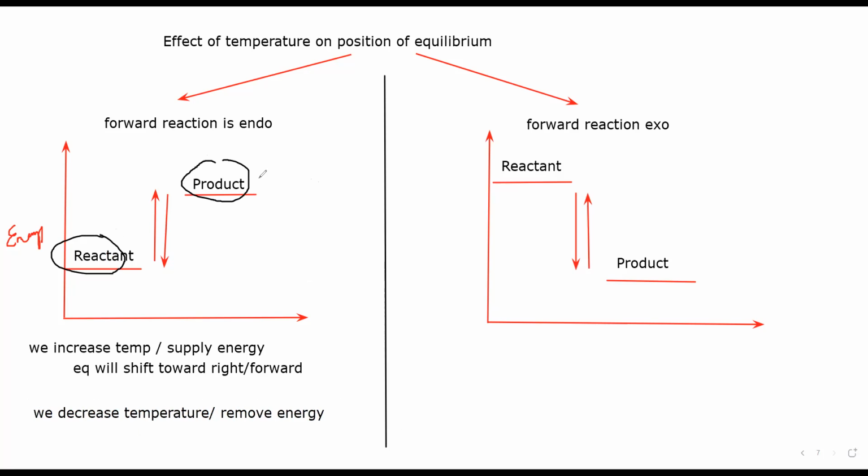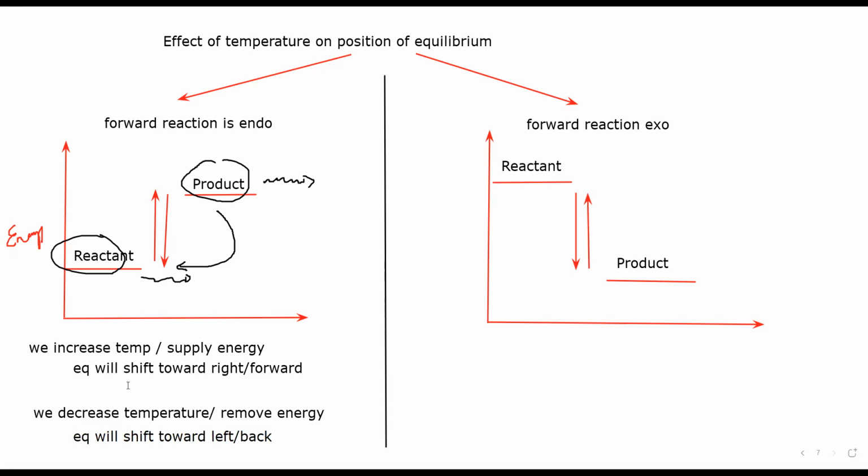But what happens when the product loses energy? What can it form? When the product loses energy, it can form back the reactant, because the reactant has low energy. So when we decrease the temperature or remove the energy, where will the equilibrium shift? Equilibrium will shift towards the left, because the reactants are forming more, or we can say backward, or the yield will decrease.